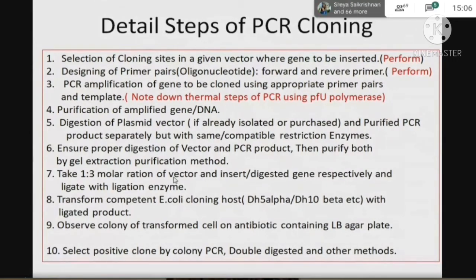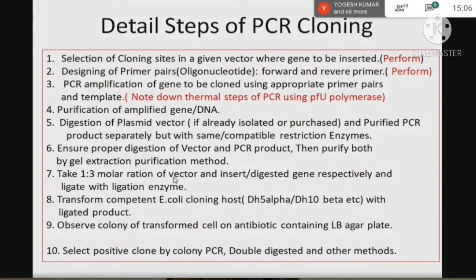After ligation, we take that ligation mixture and transform it into competent E. coli cells. You have to follow the transformation protocol. As you know, we add some amount of DNA and keep it on ice for 30 to 40 minutes, then give a heat shock at 40 degrees C for 90 seconds, and then add 1 ml of LB media and keep it for 1 hour as a revival.